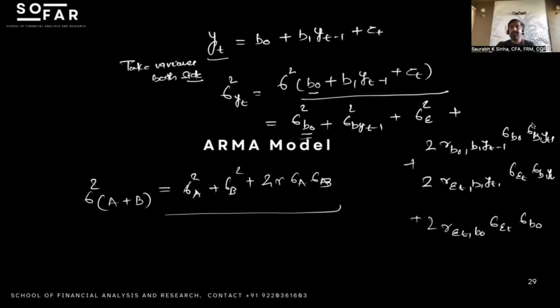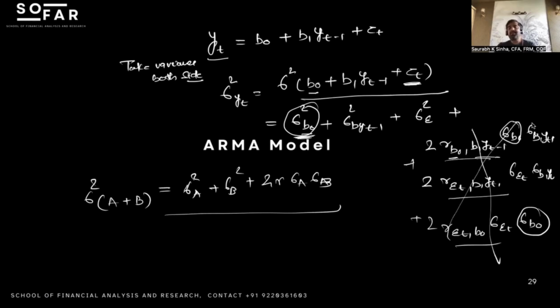Okay, what is the variance of a constant? Zero. The constant cannot move. The variance of a constant is zero. A standard deviation of the constant is zero. And what is the correlation between error term and anything on the planet? Zero. So this is zero, this is zero. The correlation of a constant with anything on the planet is zero.